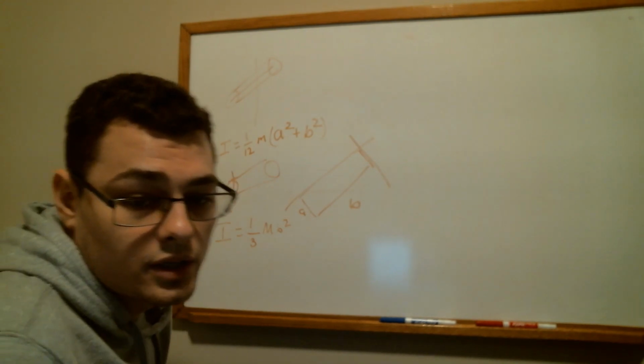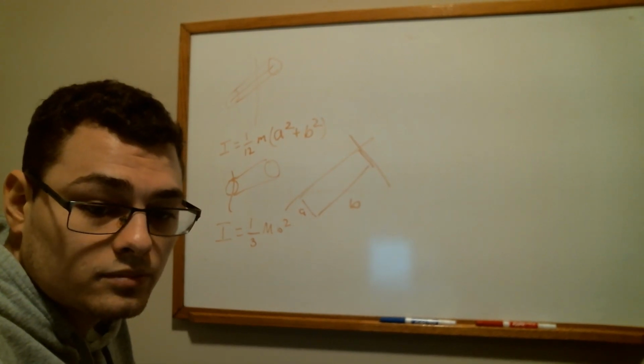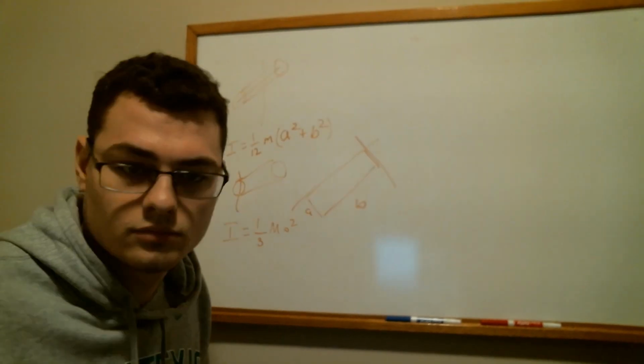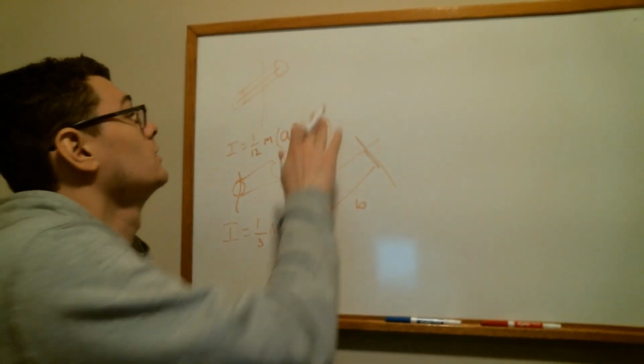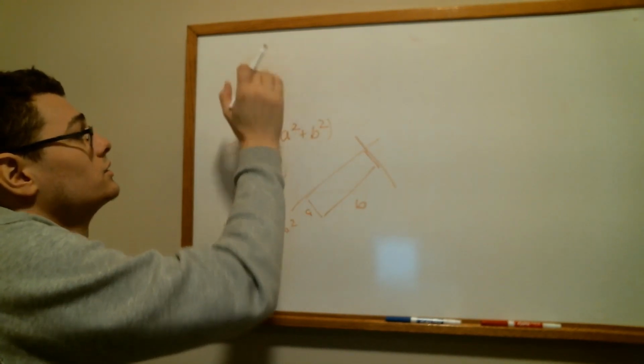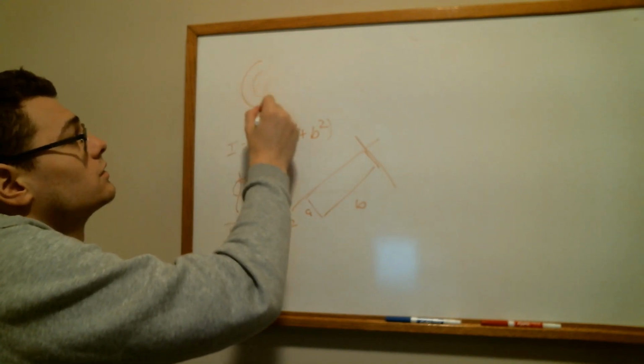Now for a hollow cylinder, we perform the same type of calculation. The geometry for this hollow cylinder is going to look something like this.